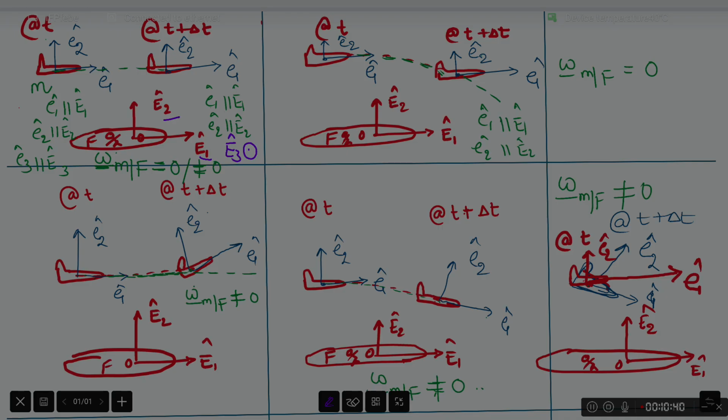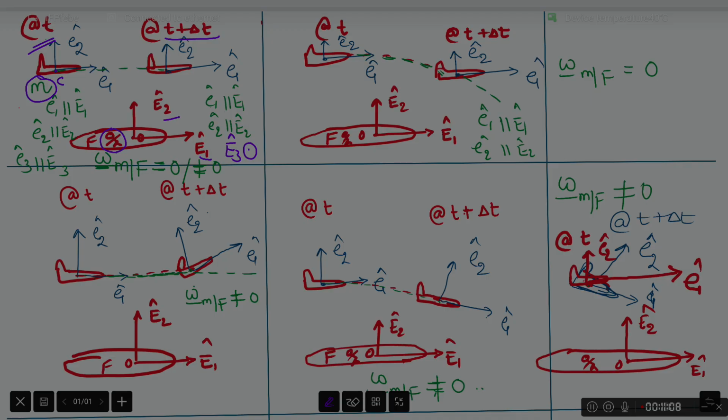Now this observer here is observing an aircraft, which is our body M. He observes the aircraft at two time instants, at t and at t plus delta t. I have drawn two unit vectors here, small e1 and small e2, and they are body fixed.